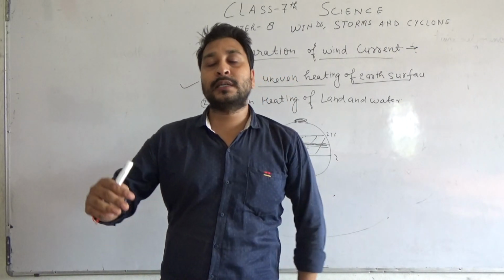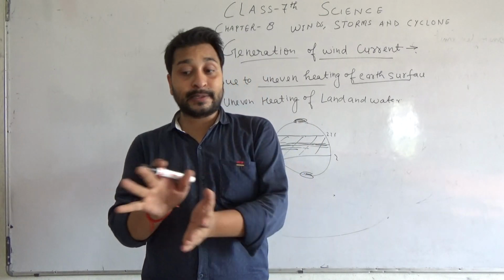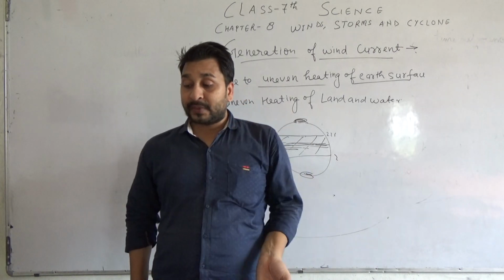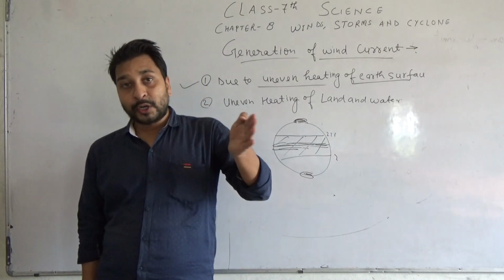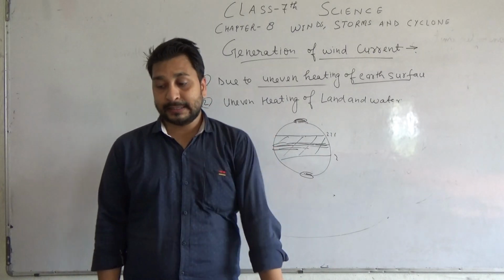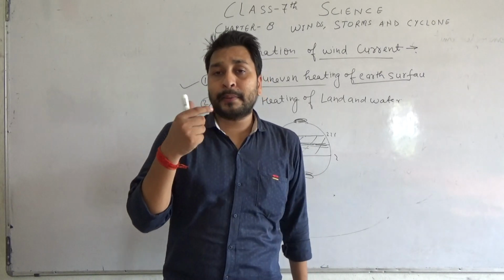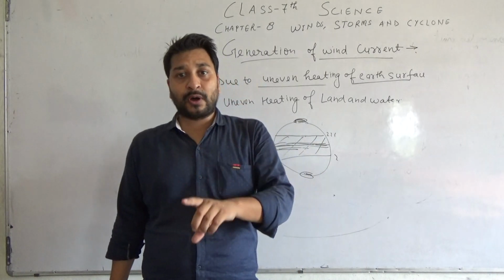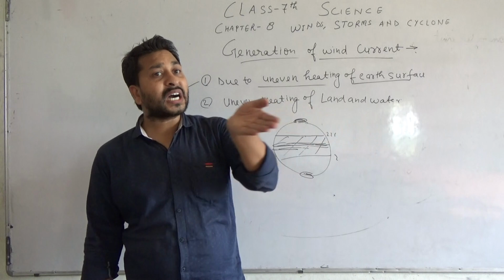In the seaside or ocean, there is a higher temperature on the land. Then air rises up and causes the winds to flow from the ocean towards the land. This is known as the wind current. This is the matter of summer. The winds blow from the ocean to land.